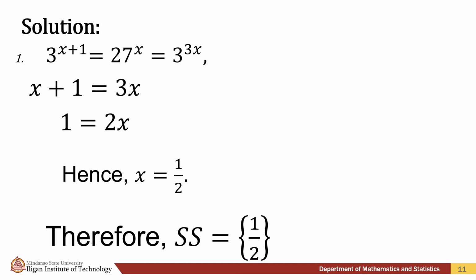And transposing x on the other side, we will have 3x minus x is equal to 2x. Equals, on the other side we have 1. Solving for x, x is now equal to 1 half. Therefore, the solution set equals the set containing 1 half.